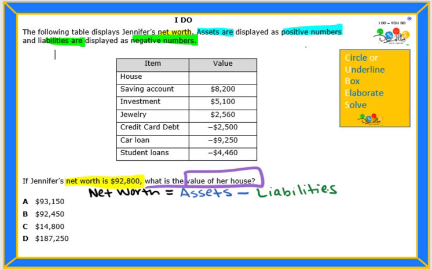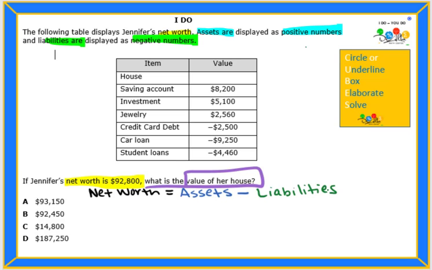So we might want to start out by figuring out all the assets and all the liabilities, keeping in mind that we have a house that we don't know the value of. Let's think about what the house is. Is it an asset or is it a liability?